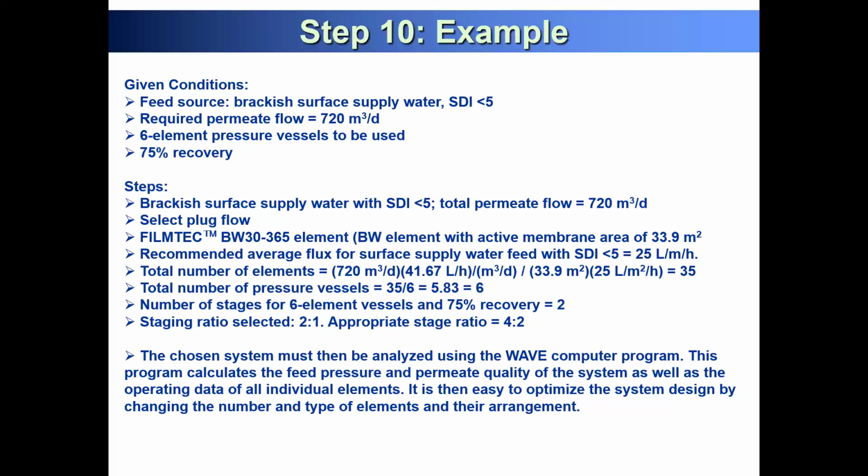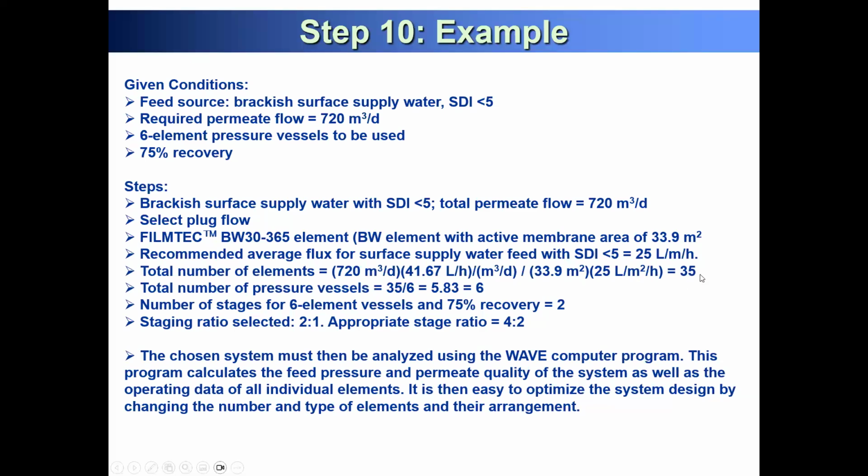And the total number of elements can be calculated. We have a total capacity of 720 cubic meters per day that we want to design, expressed in liters per hour, with a membrane surface area of 33 and an average flux of 25 LMH.